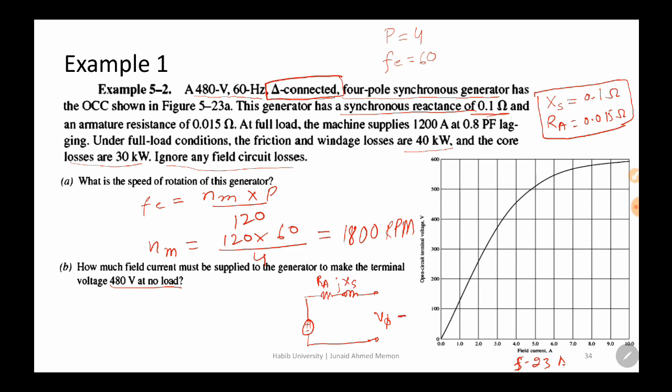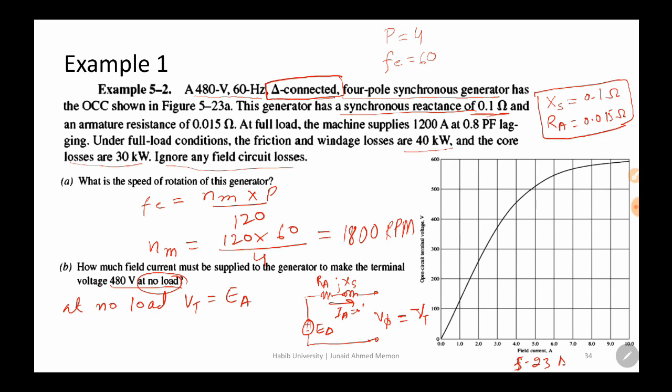It means in delta connection, V phase will be equal to terminal voltage, and also we have no load. It means at no load, the terminal voltage V is equal to EA, because there is no current, so this current is 0 in this case, so this is EA.